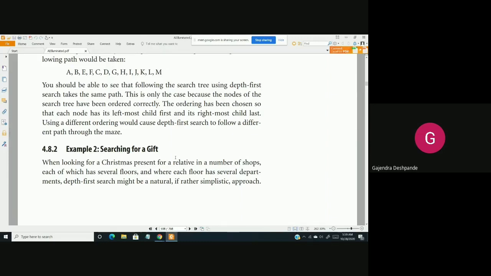Okay, so depth first search, if you see, is how we humans work. Whereas breadth first search is highly impractical in real life, if you consider this example here, because we never visit only the first floor of all the shops, and then again we don't visit the second floor of all shops, right?